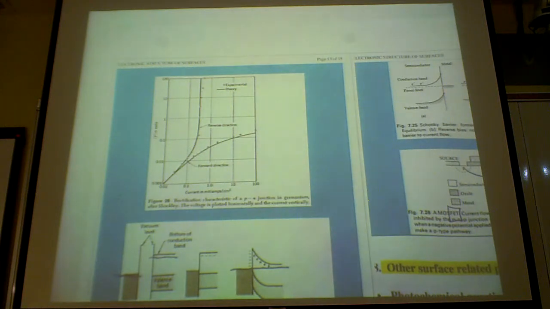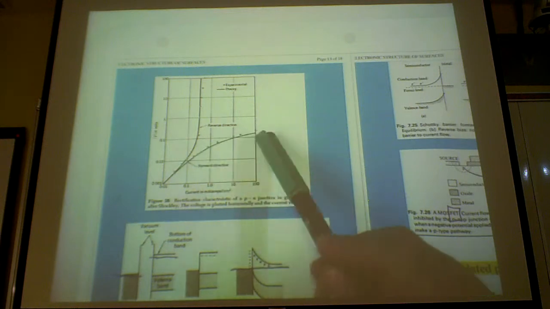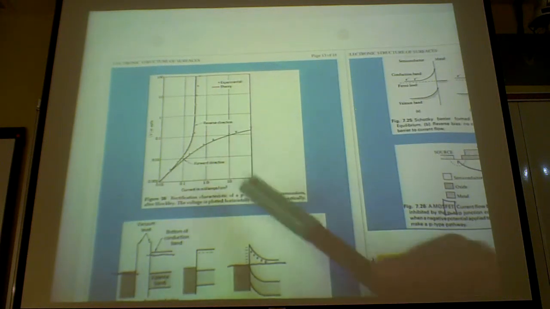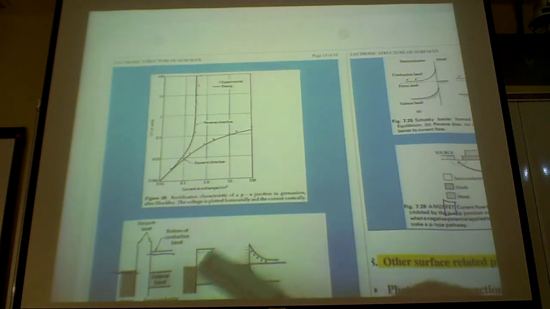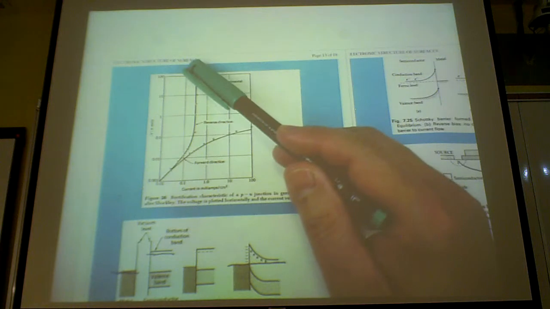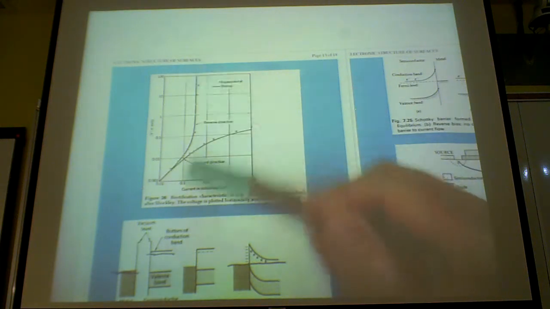But if you try to reverse bias, the voltage you need for passing current is very low in this direction, whereas the voltage you need for passing current in the reverse direction is extremely high. In other words, you will stop, right?